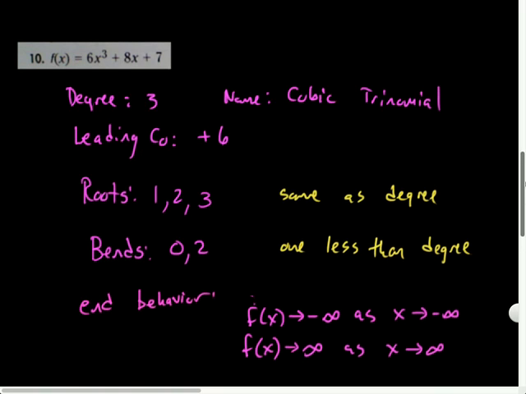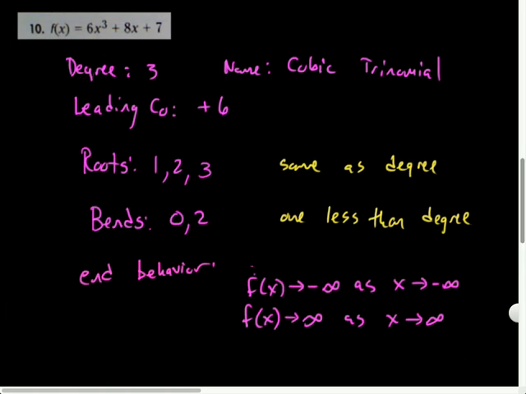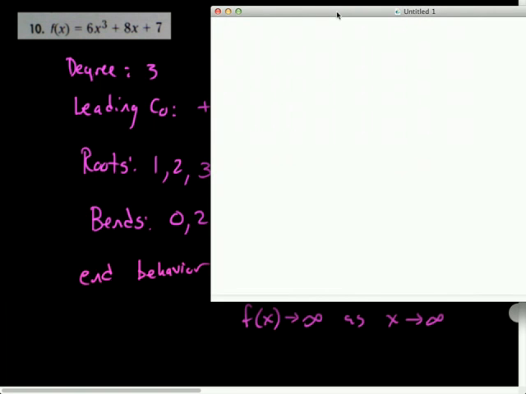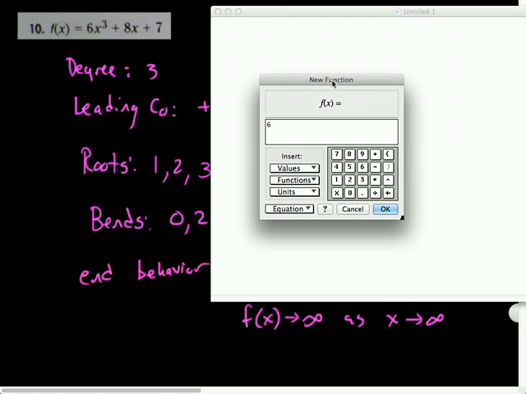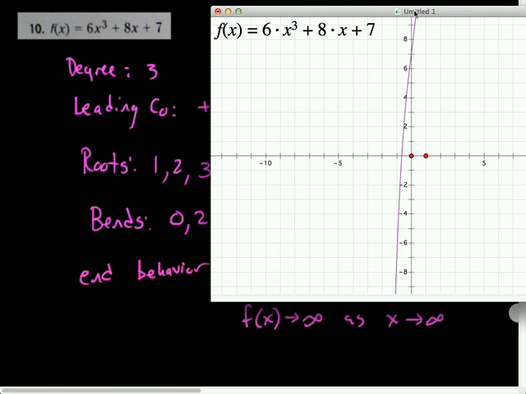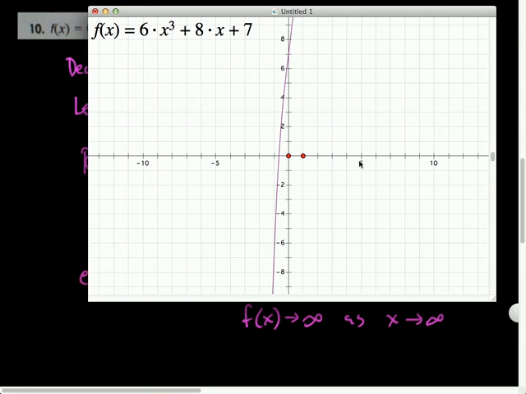And just so you can see what this looks like, let me quickly open up a graph of this and see what our situation appears to be. So let's graph this. This is 6x cubed plus 8x plus 7. That's kind of hard to see what's going on here.